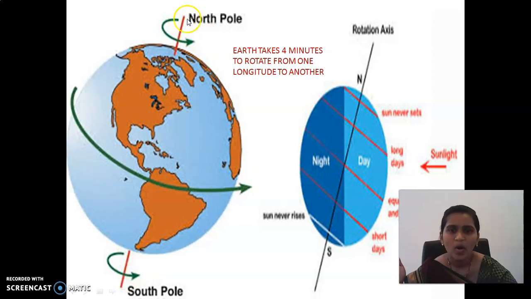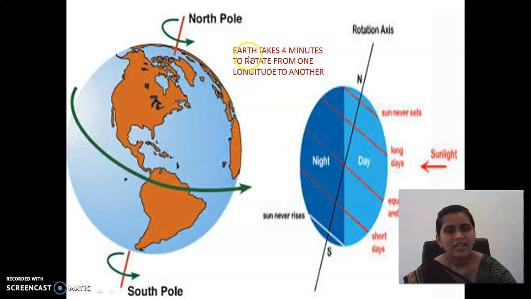Yes. In this picture we can see that it is an axis. As we all know, earth rotates on its own axis. Here see the sunlight, how it falls on the earth. If the eastern side is getting the sunlight, this will be day, and the opposite side will be night.